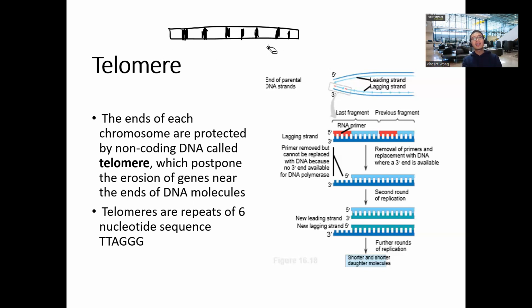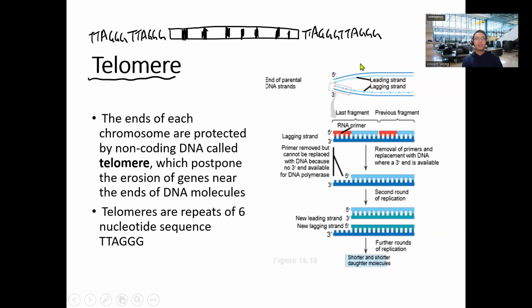So how do we protect them? Well, it turns out at the ends of your linear chromosomes, you have what's called telomeres. Telomeres are repeats of TTAGGG. So you will have a bunch of TTAGGG located at the end. Obviously this is not to scale. The actual chromosome is much longer, and you will have these things repeated hundreds and hundreds of times.